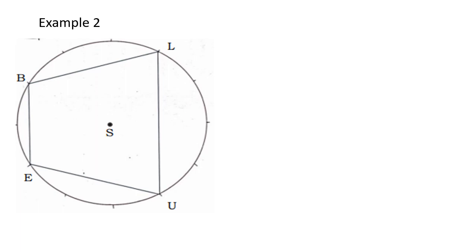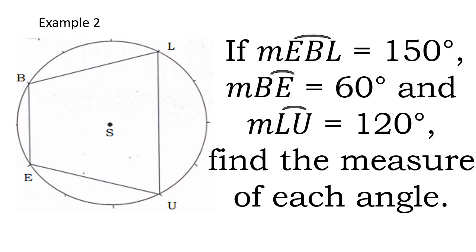Another example, we have here circle S and a quadrilateral BLUE inscribed in circle S. If the measure of arc EBL is equal to 150 degrees, arc BE is 60 degrees, and arc LU is 120 degrees, find the measure of each angle.